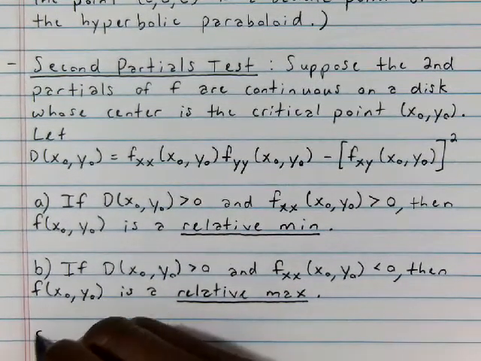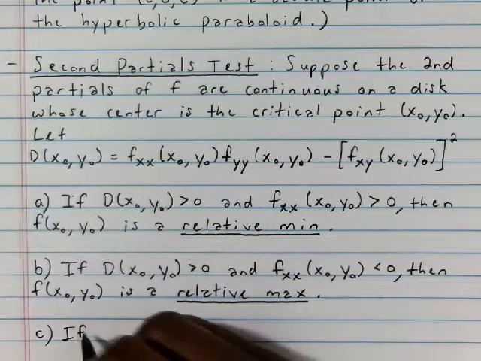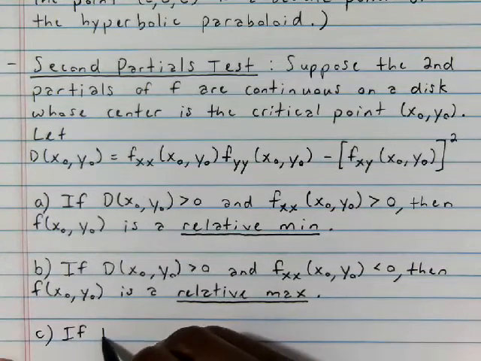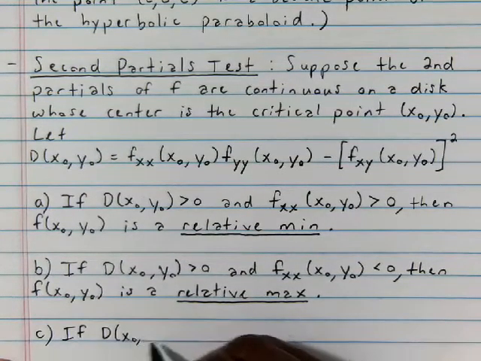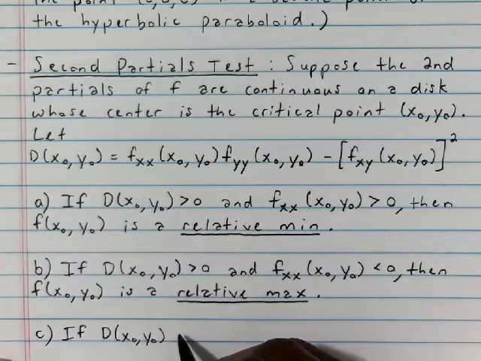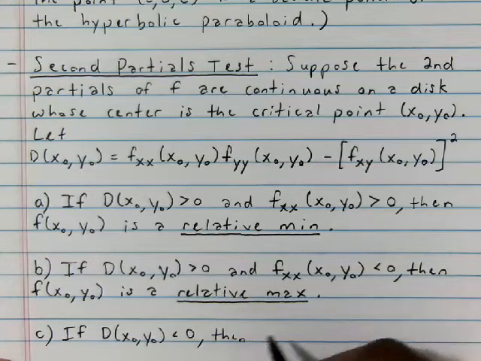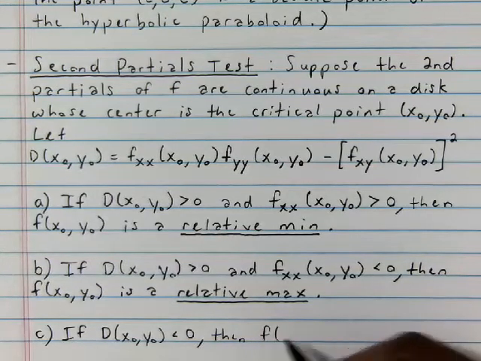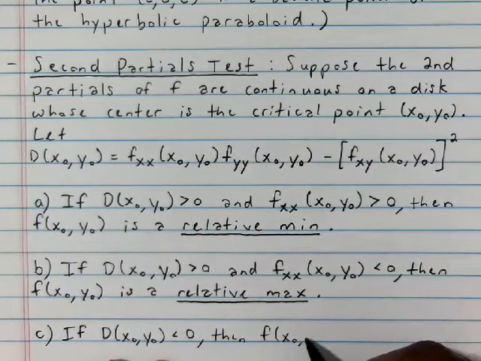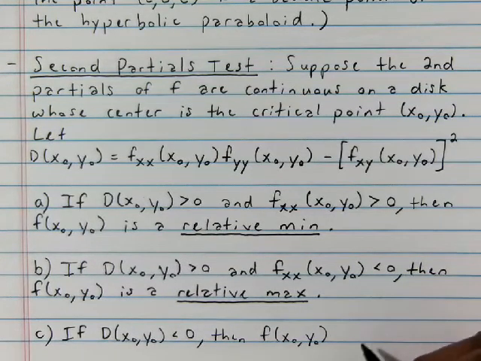C, if D of (x naught, y naught) is less than 0, then f of (x naught, y naught) is a saddle point.